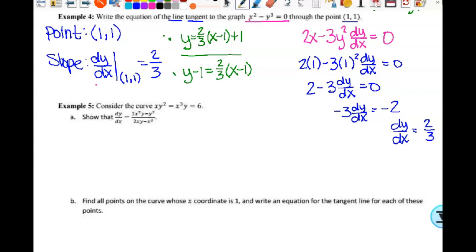So what they have started doing is they give you the curve and they give you the answer, and you just have to show how to get there. That way if something messes up and you can't get that derivative to look like this, you can still use it to do the rest of the question. You with me on that? That doesn't mean you don't need to know how to do it.